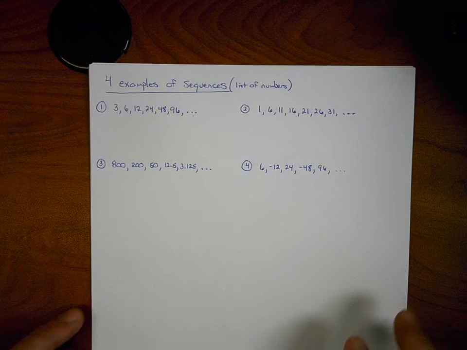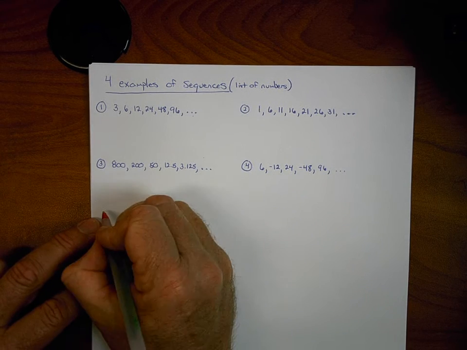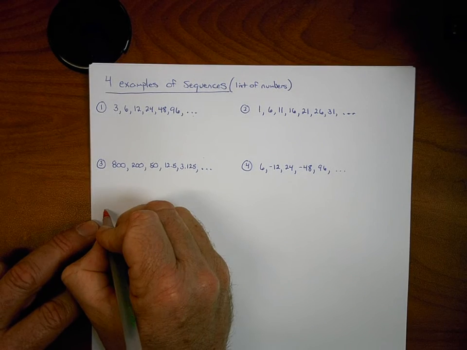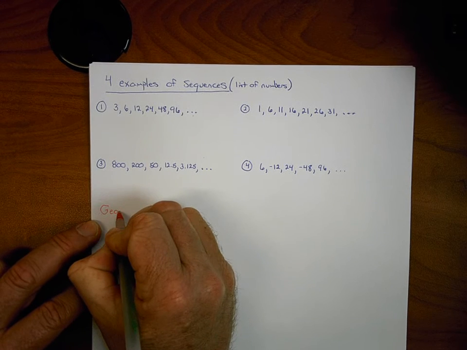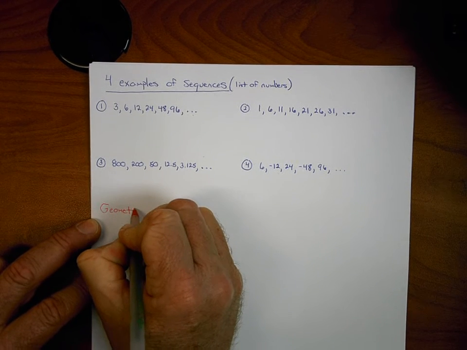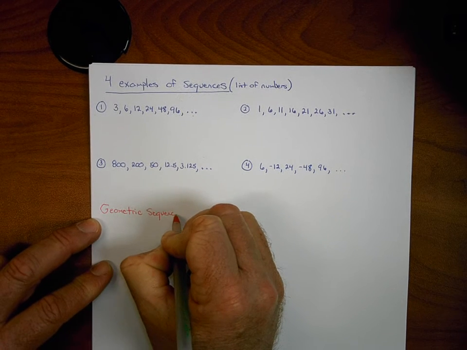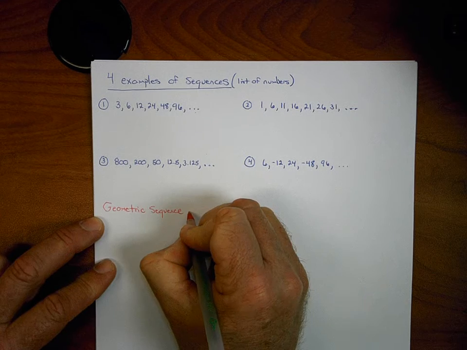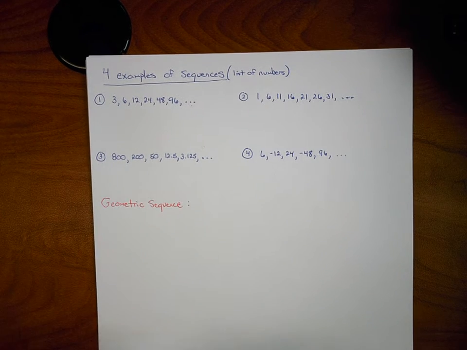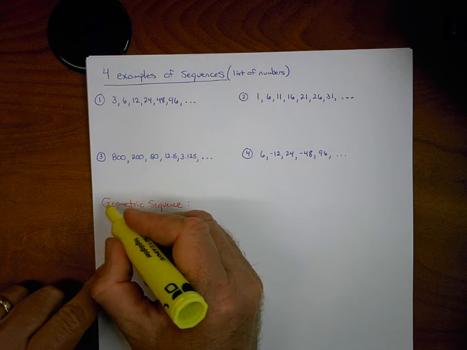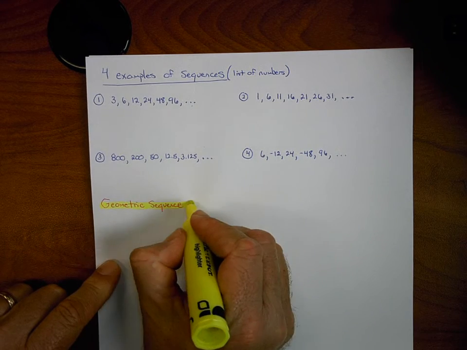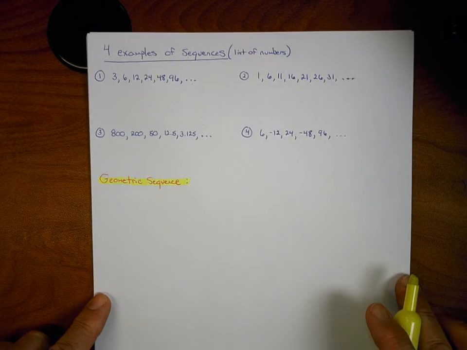Now here's how you tell if it's a geometric sequence, and this is what we're focusing on today. Our focus is on what a geometric sequence is, how you know a sequence is geometric, and once we know that it is, what some of the common terms are that we're going to see, and what some of the formulas are that we need to know.